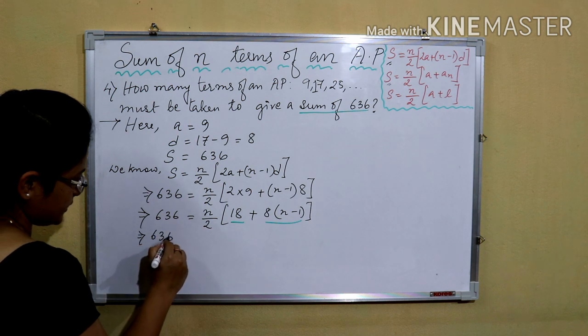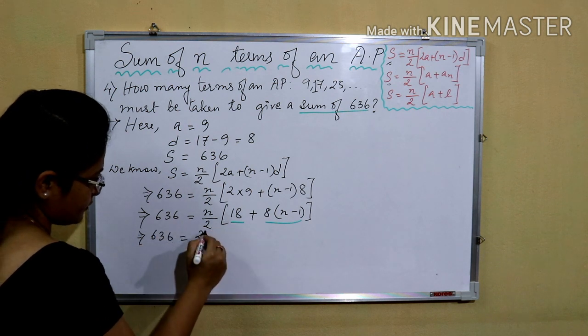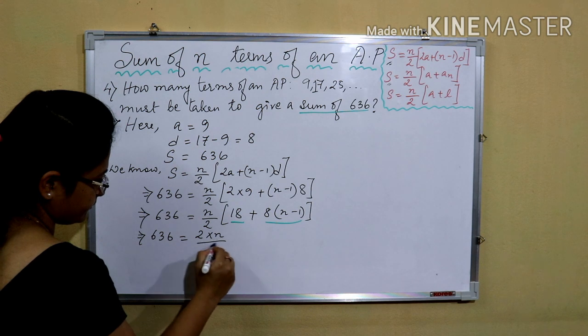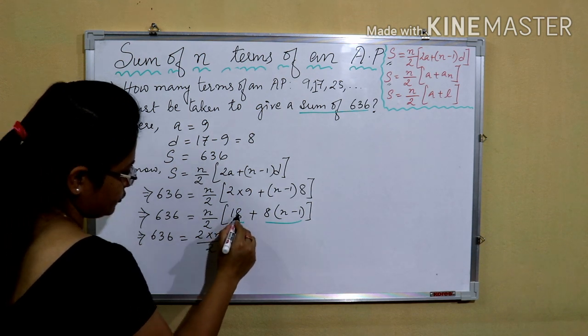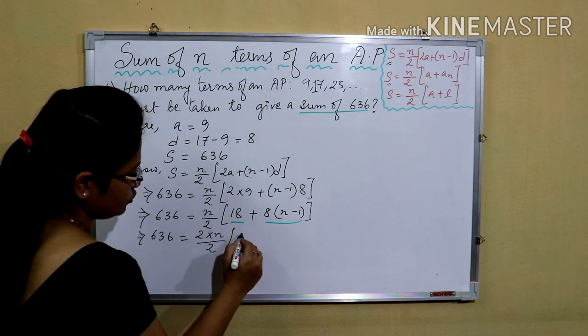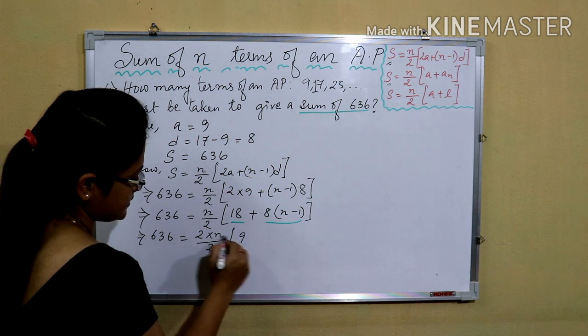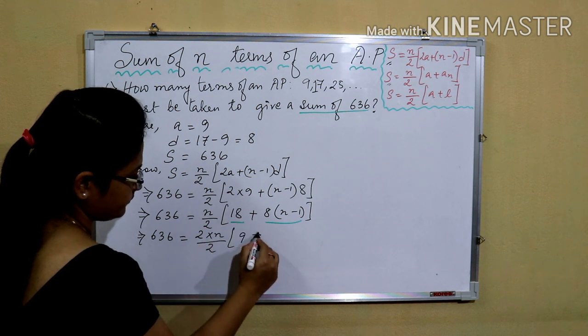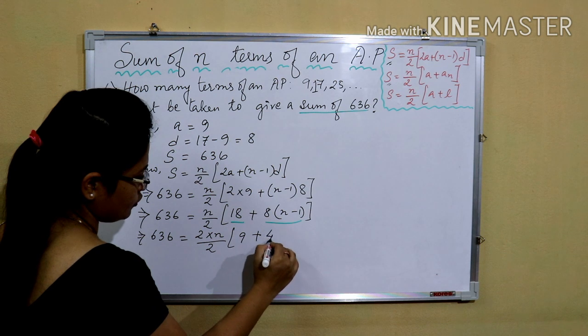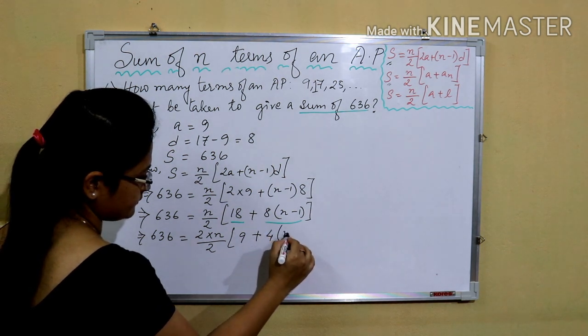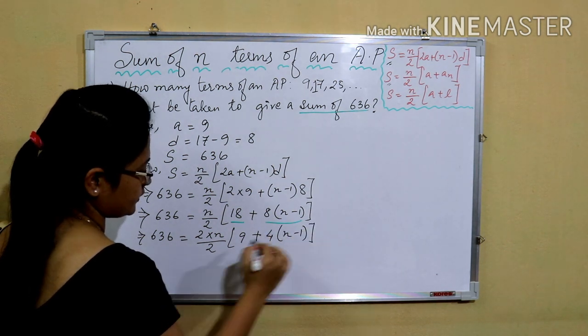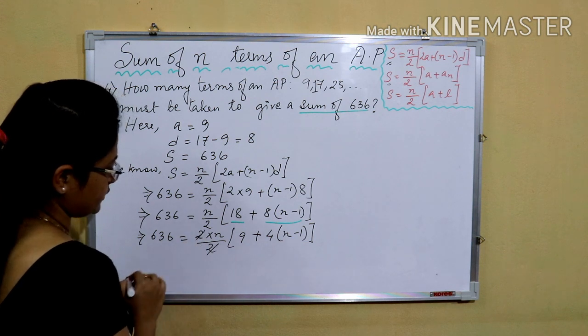So 636, if 2 comes out, 2 9s are 18, 2 4s are 8 and minus 1. Okay, this 2 and 2 will be cancelled.